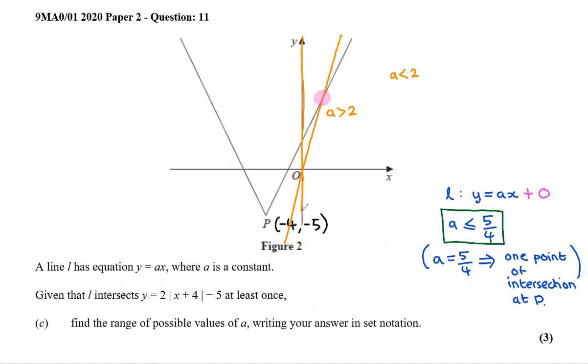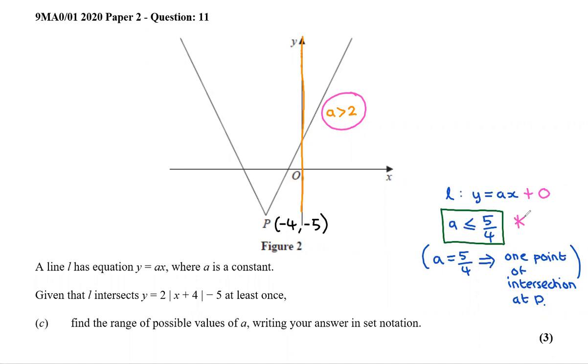If you make A greater than 2, it will cover all possible eventualities. So to conclude, A has to be strictly greater than 2, because we can't have it equal to 2, as that would be parallel and there would be 0 points of intersection. But we also have A less than or equal to 5/4.